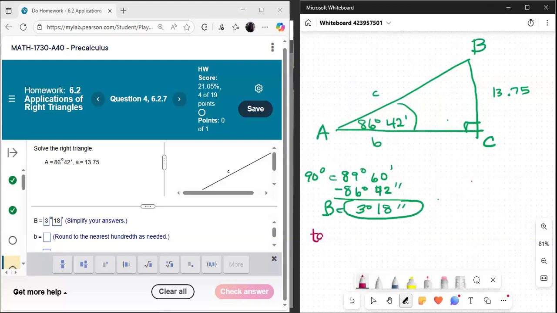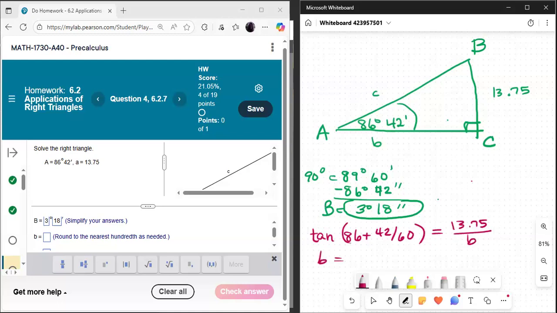So the tangent of 86 plus 42 over 60 is equal to the opposite, which is 13.75, divided by adjacent, which is little b.